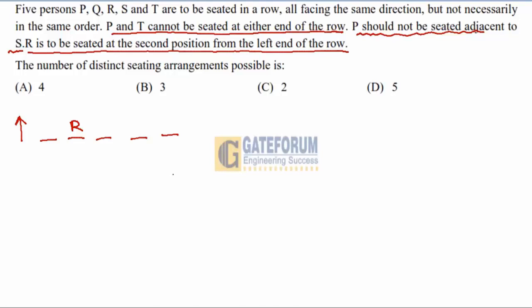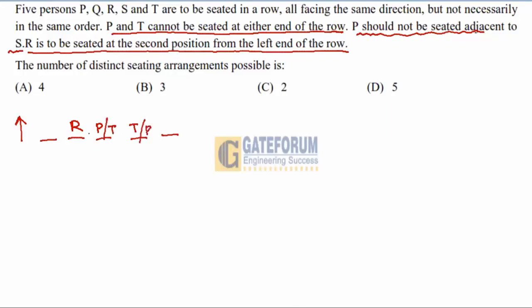If P and T cannot be seated at either end of the row, then either P has to sit here and T has to sit here, or else T has to sit here and P has to sit here.